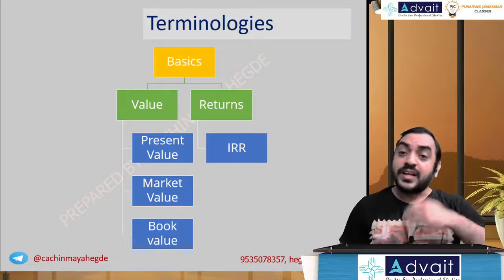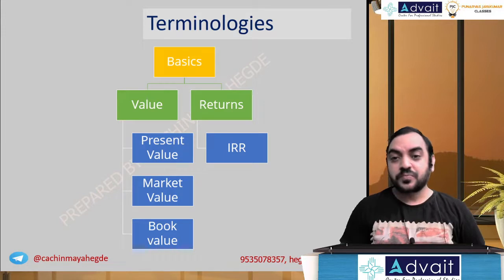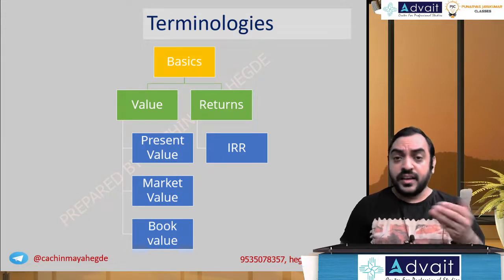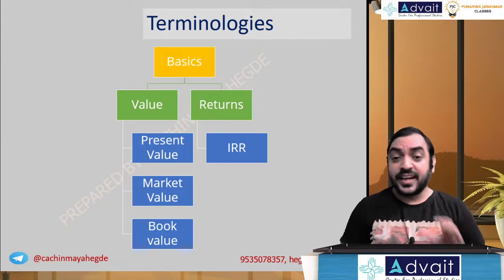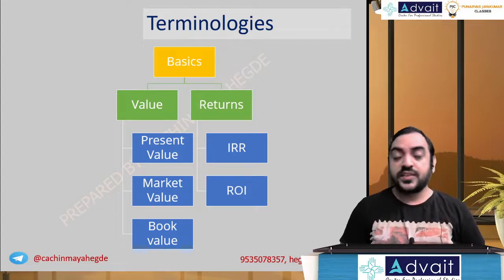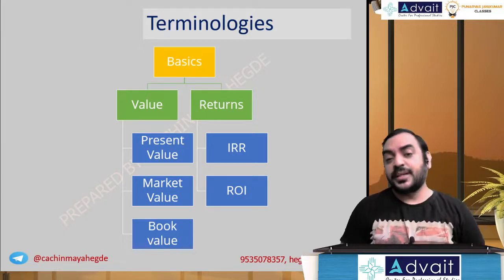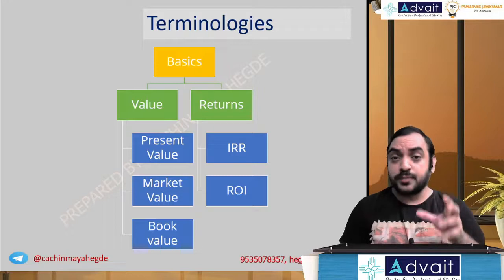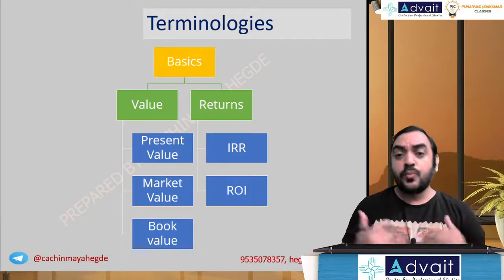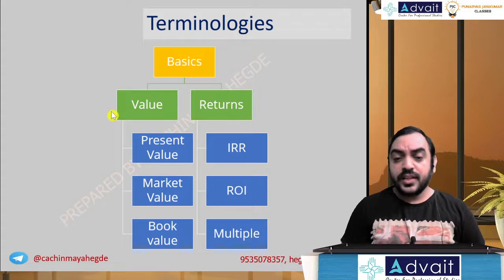Or if you look from the returns point of view, the investor point of view, the return percentage: IRR, internal rate of return, is the rate of return generated by the company from its projects. From the shareholders' point of view, ROI, return on investment, is our basic motto. From an investor point of view, if I invest so much, how much money will I get back? That is the ROI method.